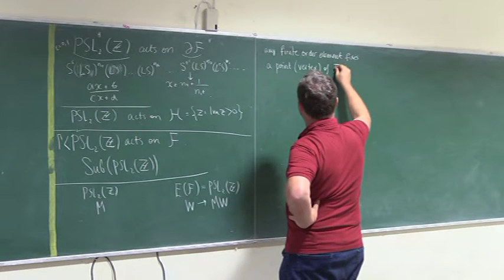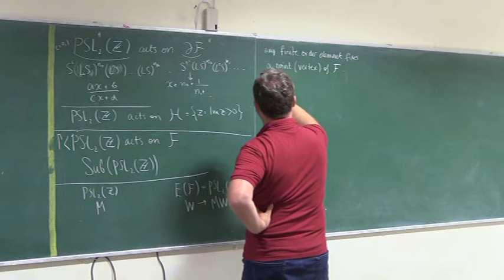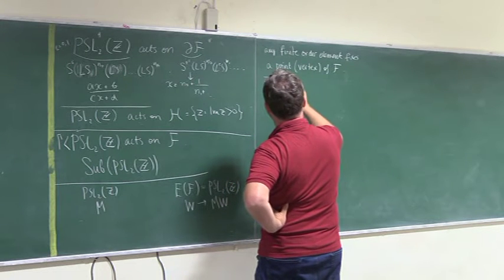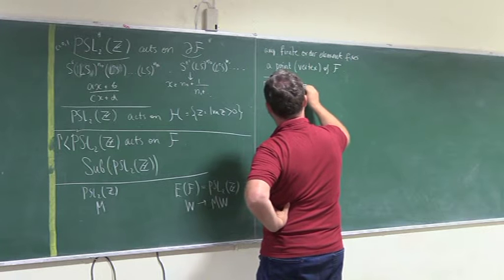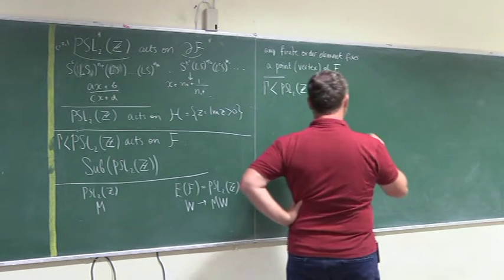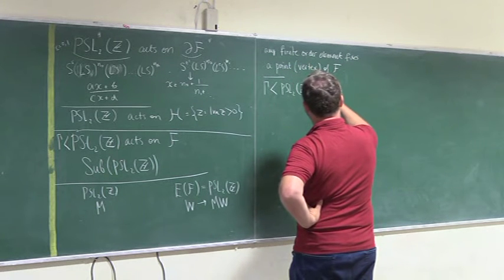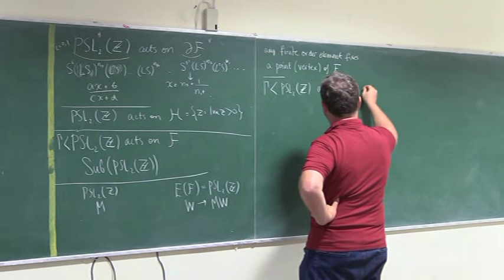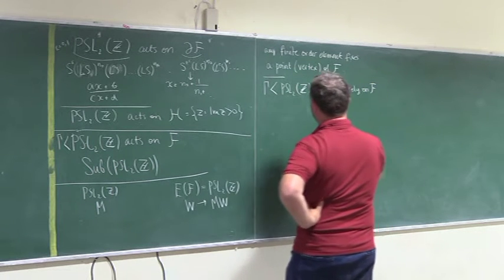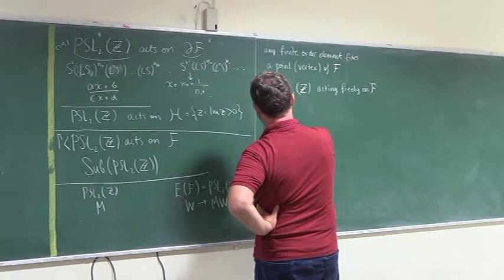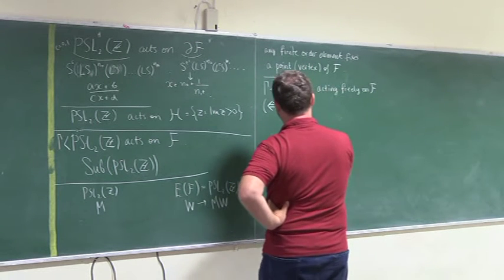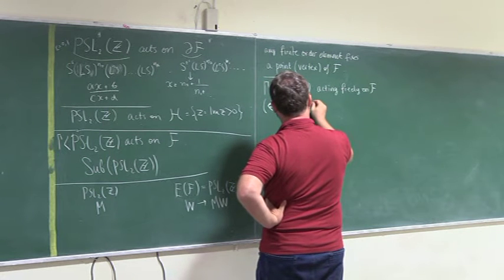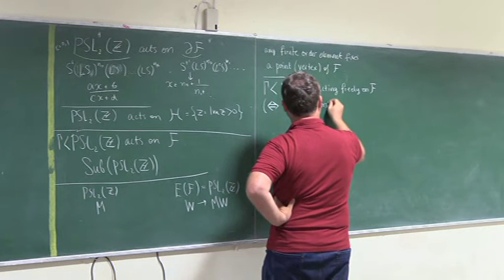So let gamma be a subgroup of PSL2Z which acts freely on F. And it is easy to check that this is equivalent to saying that gamma has no torsion elements.